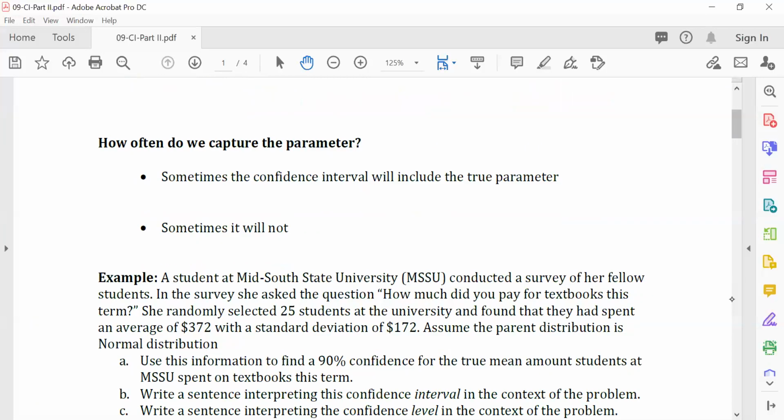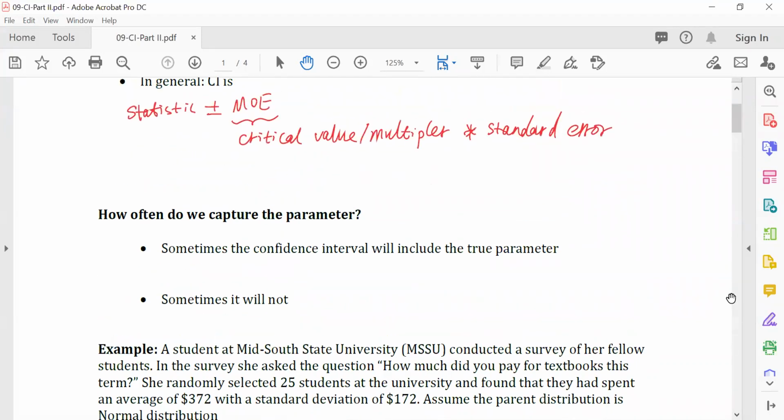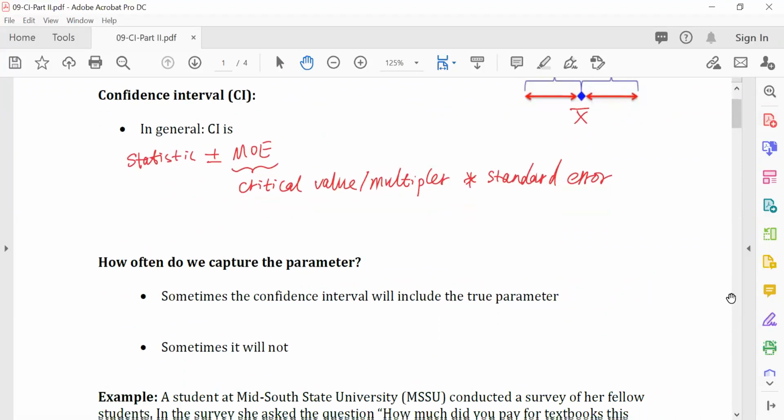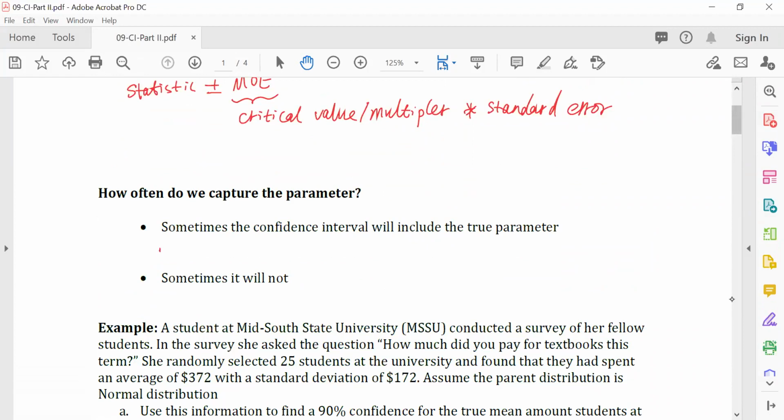So how often do we capture the parameter? Most of the time, we will capture the parameter. Remember this graph we see here? The confidence interval will include the true parameter when your margin of error captures the true parameter.